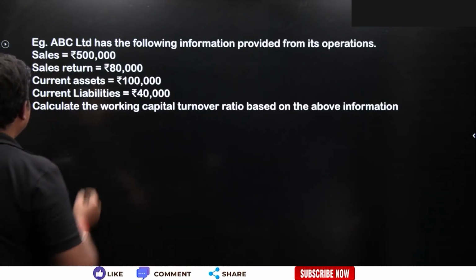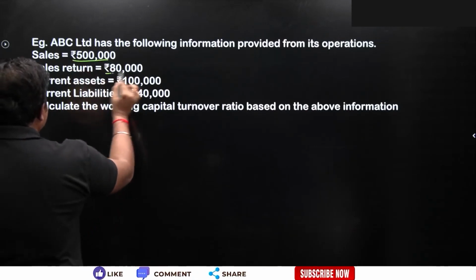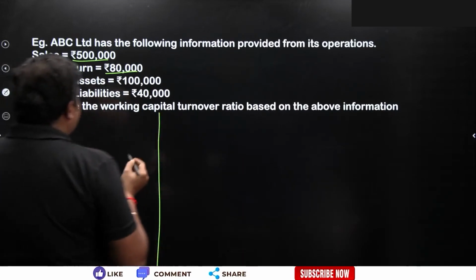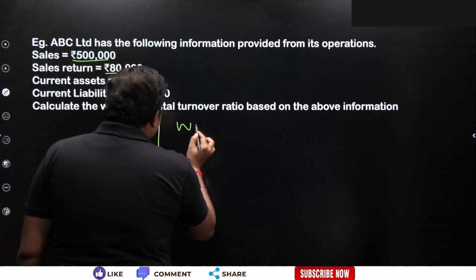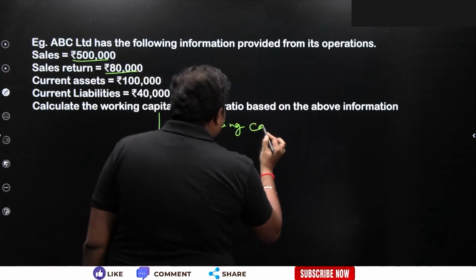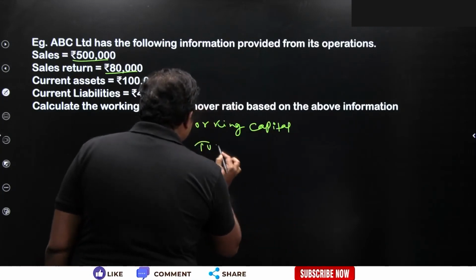Now I have selected a question on this. The sales is 5 lakh, and sales return is 80,000. They have given you enough information. While calculating, first of all we need to write the formula. Here we are finding the working capital turnover ratio.